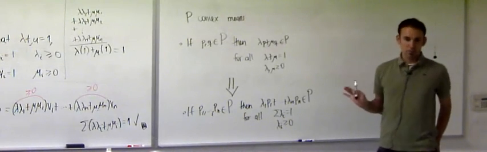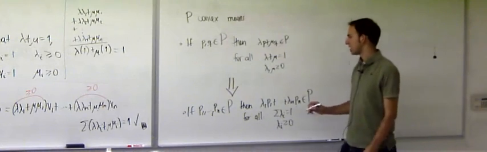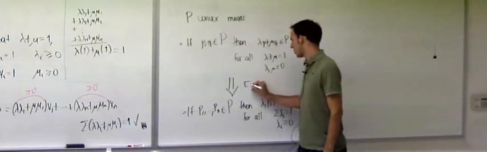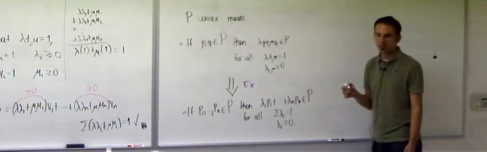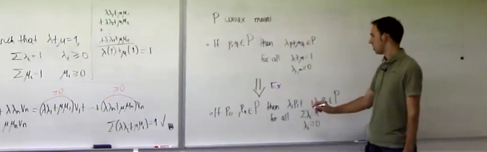I'm claiming this and I'm not proving it. Again, this is a nice exercise. It's actually a useful exercise for you to practice with these convex combinations, but it's another offline exercise. I'm not going to grade this.